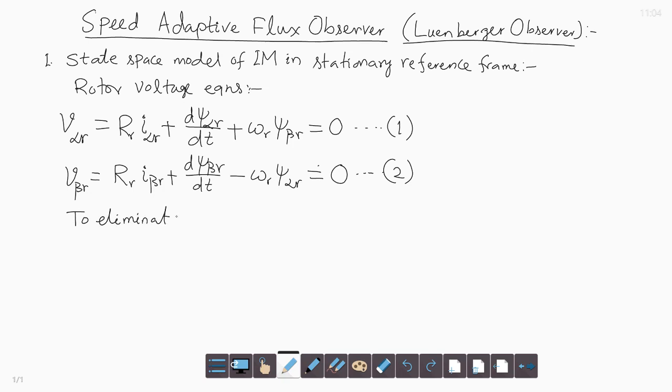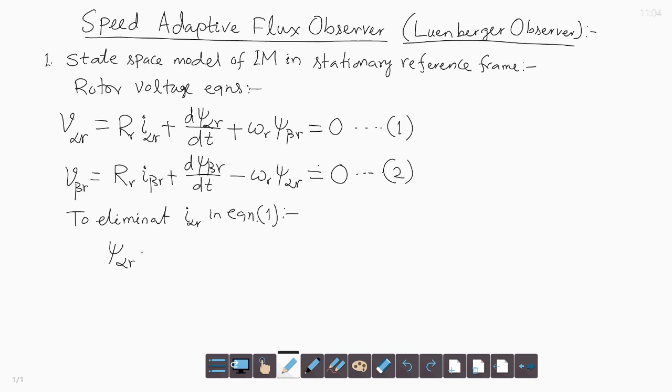To eliminate the rotor current I alpha R in equation 1, we do manipulation. First of all, rotor current is inaccessible, so I alpha R is to be eliminated. So how will I alpha R be eliminated?